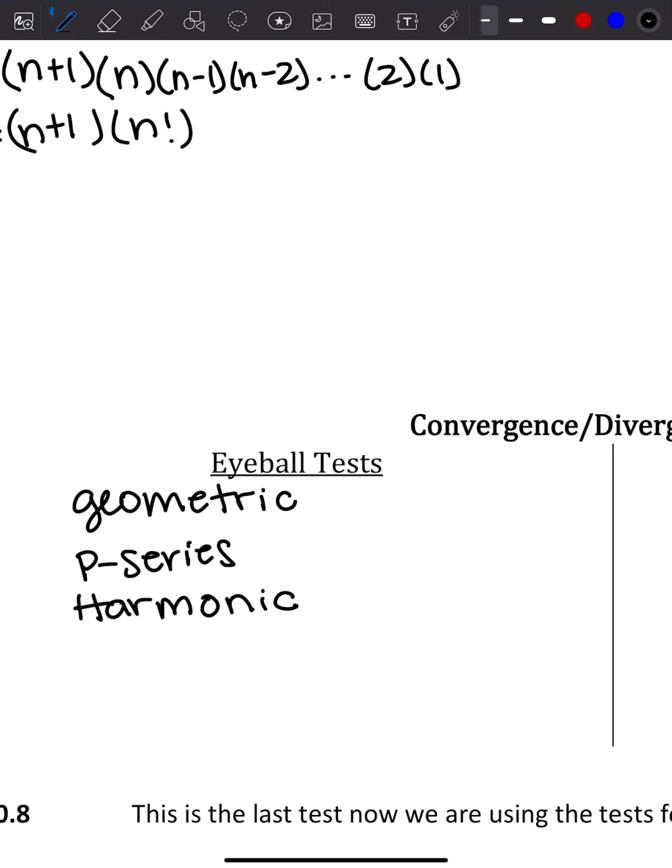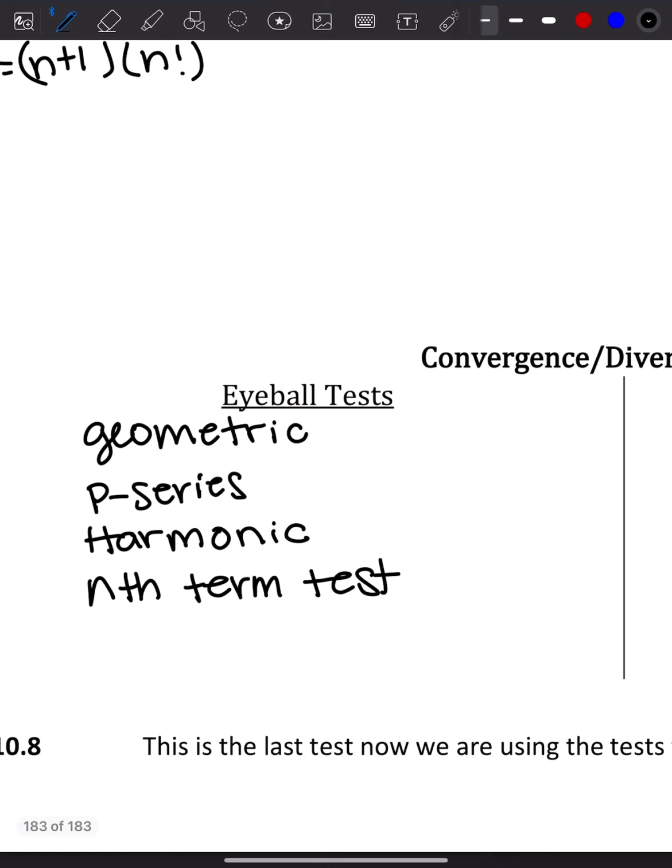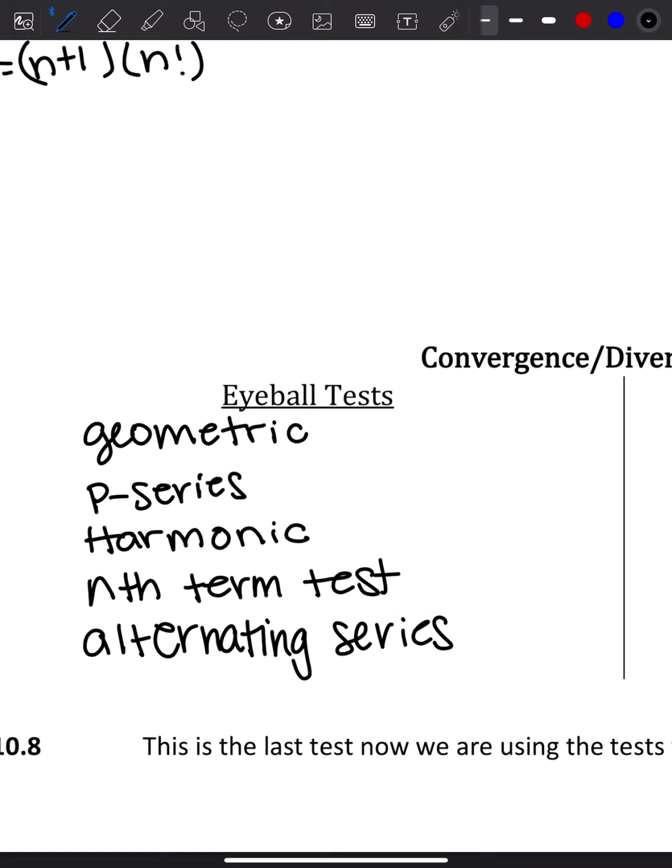So the harmonic series, the p-series, the nth term test, and alternating series. These are all tests where we can look at a series and make a decision without having to do a large amount of work.